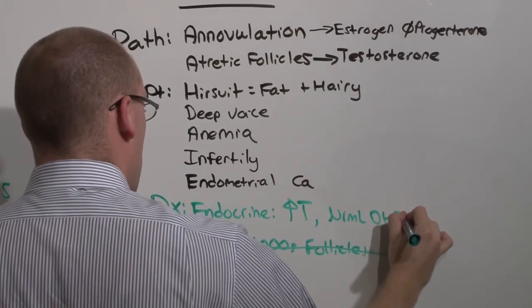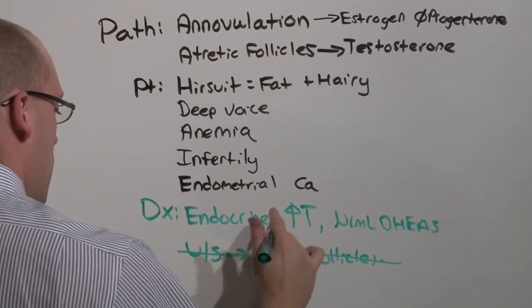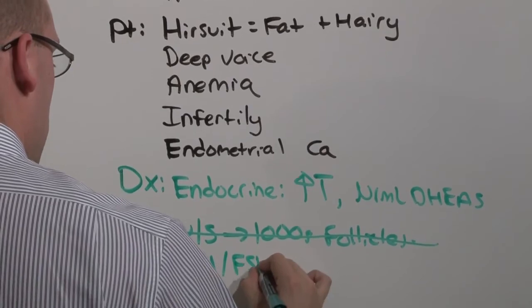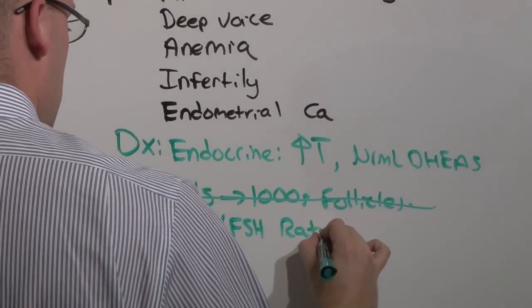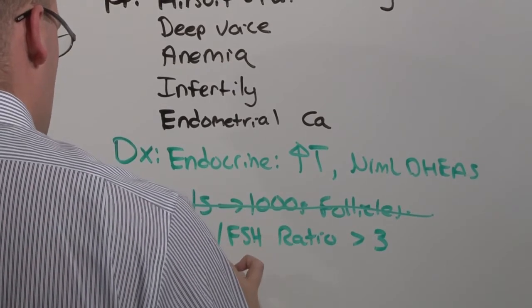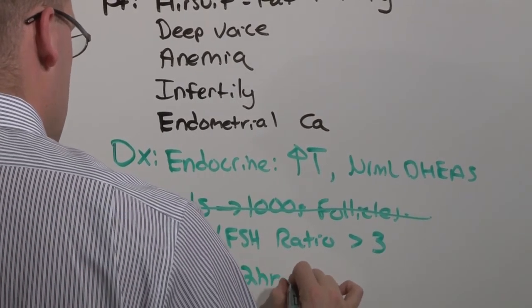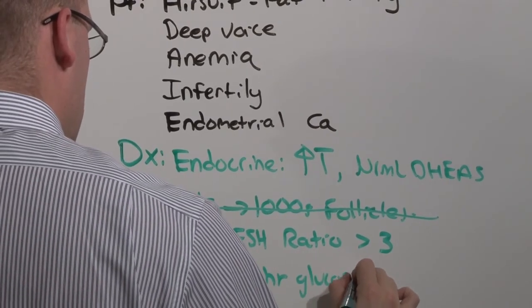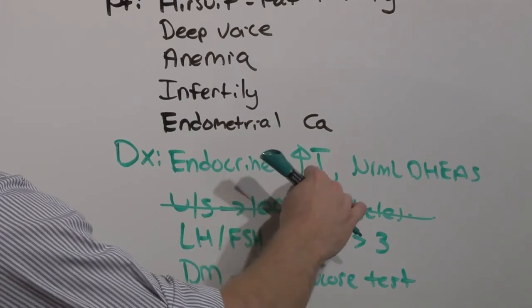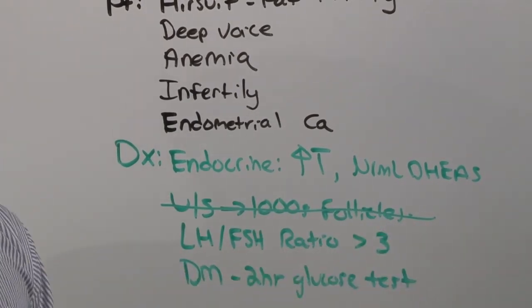This is the adrenal form of androgen, to show that it's not an adrenal problem, it's just an ovarian problem. And you're going to get an LH to FSH ratio greater than 3. You may see diabetes mellitus diagnosed by a 2-hour glucose tolerance test. If you have the endocrine diagnosis, you do not need the ultrasound. The ultrasound is just gravy.